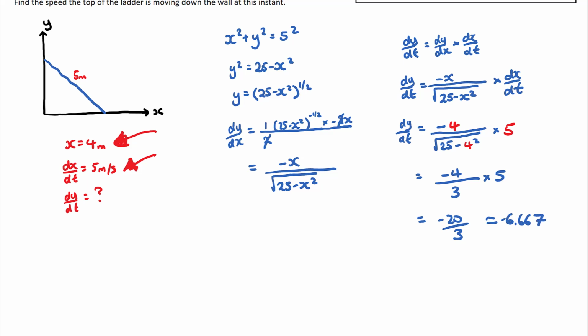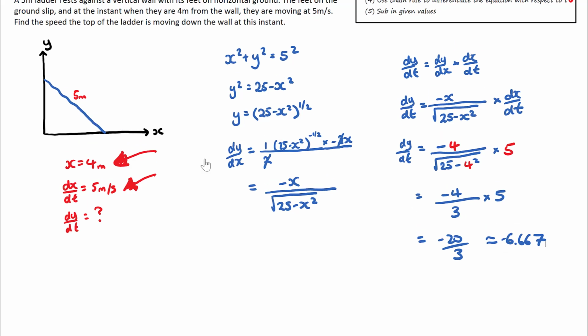So I'm going to go negative 6.667. Now this makes sense why the answer is negative, because the ladder will be going down the wall. If y is considered positive going up, the ladder is clearly going down. So what this answer tells us is that the ladder is moving down the wall.